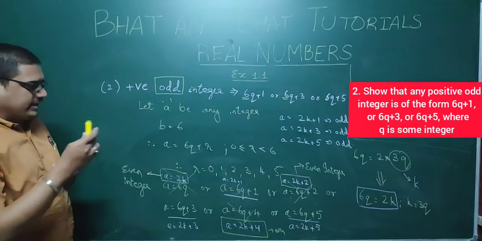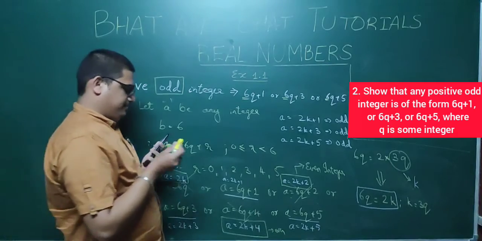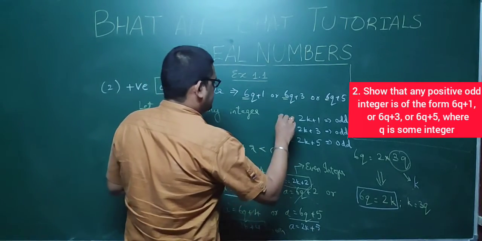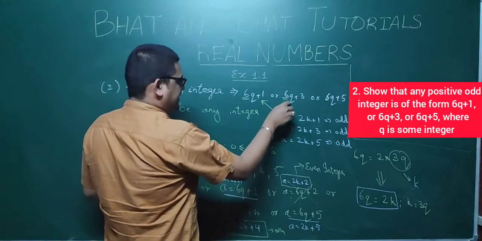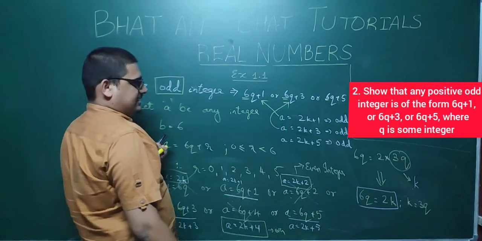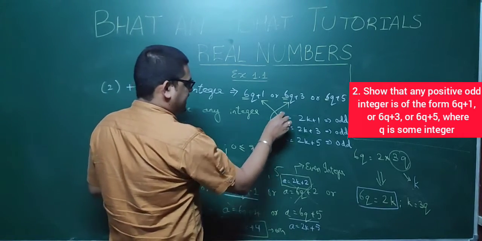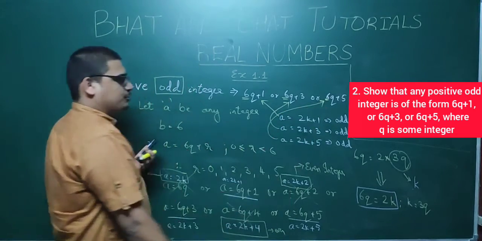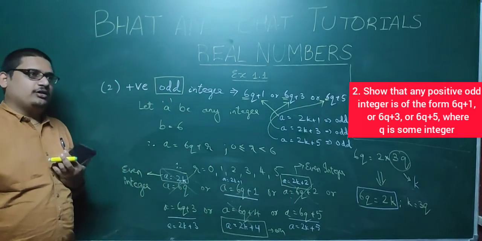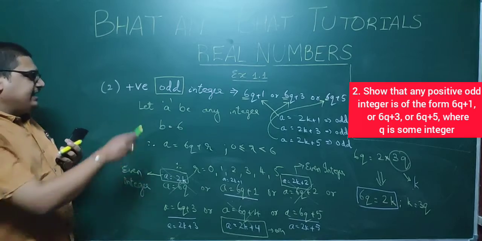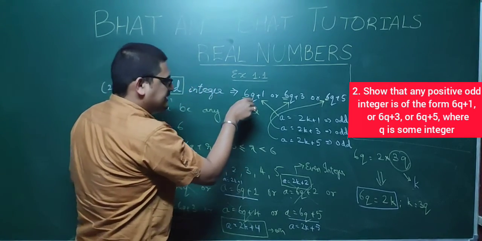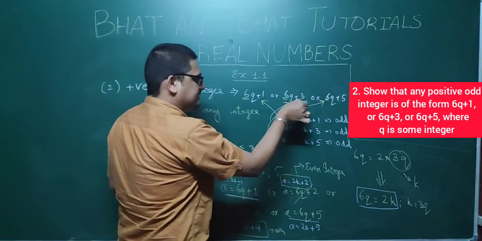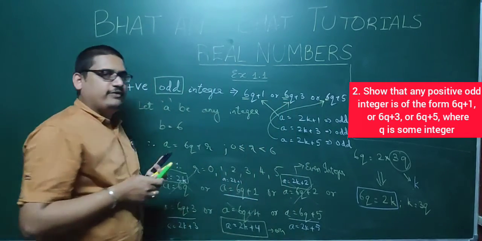So 2k plus 1 is representing 6q plus 1, 2k plus 3 is representing 6q plus 3, and 2k plus 5 is representing 6q plus 5. Therefore, we can conclude that any positive odd integer can be represented in the form of 6q plus 1 or 6q plus 3 or 6q plus 5.